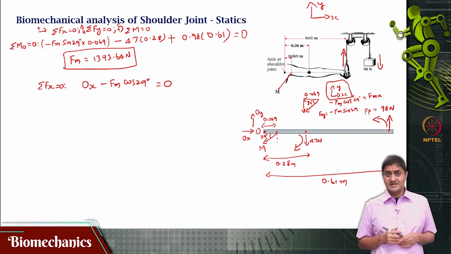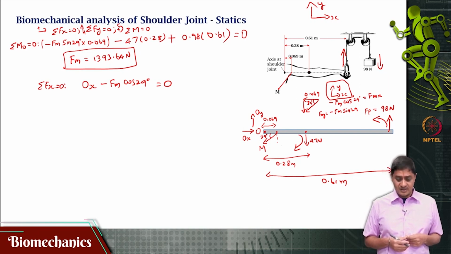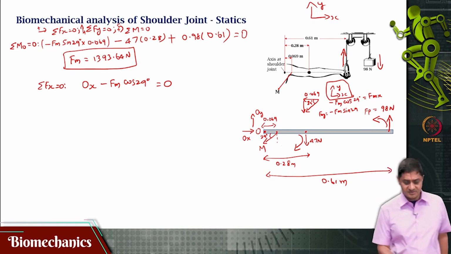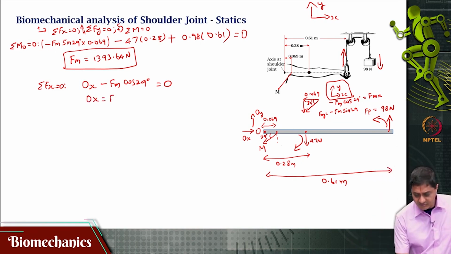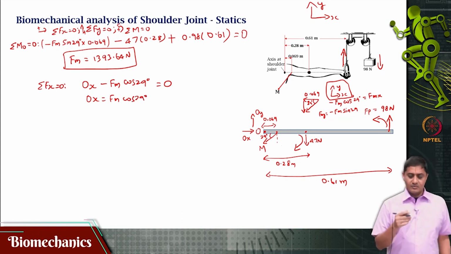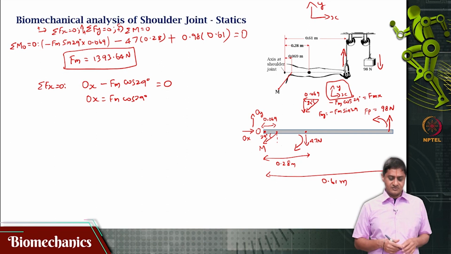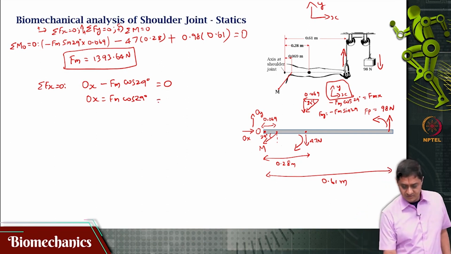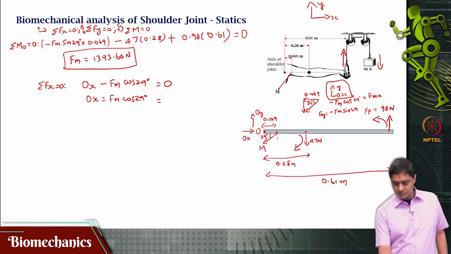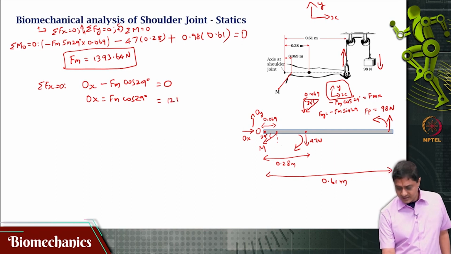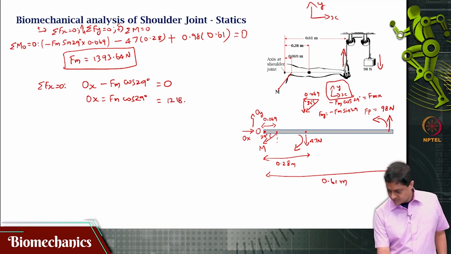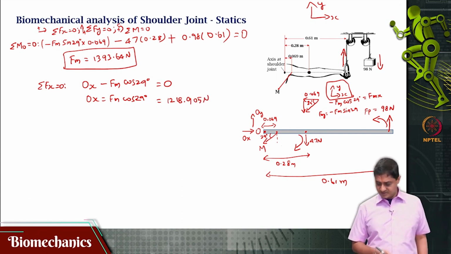There is no other force in the x direction, just the x component of Fm and Ox. These are the only two. That means that Ox is Fm cos 29, and we know Fm to be 1393.64 newtons. So, if you do that, you get the value of Ox as 1218.91905 newtons. This is the value of Ox.